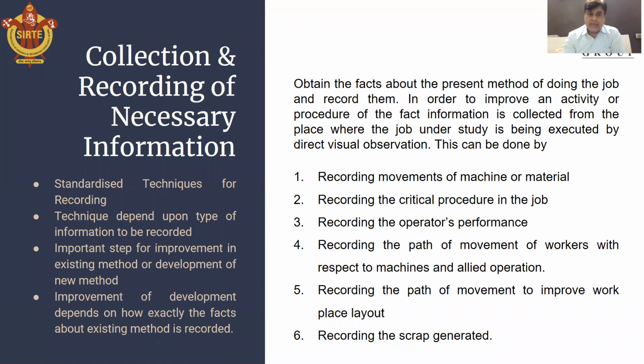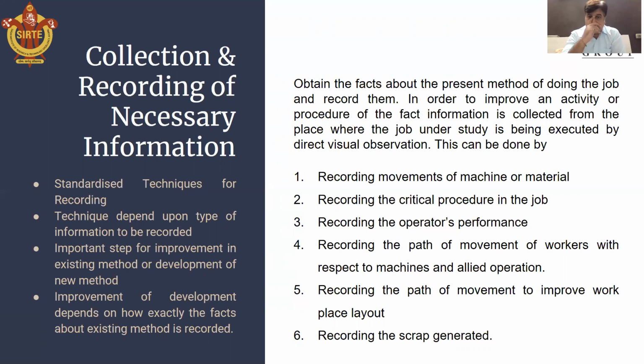Collection and recording of necessary information. Here we obtain the facts about the present method of doing the job and record them in order to improve an activity or procedure. The information is collected from the place where the job is under study and being executed, by direct visual observation.